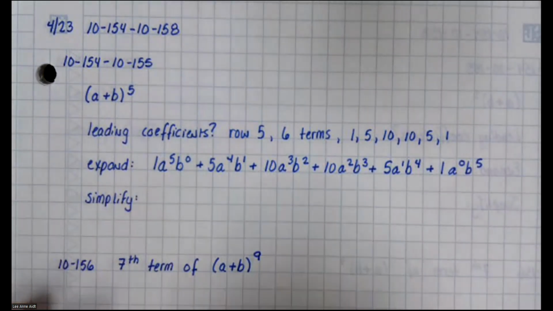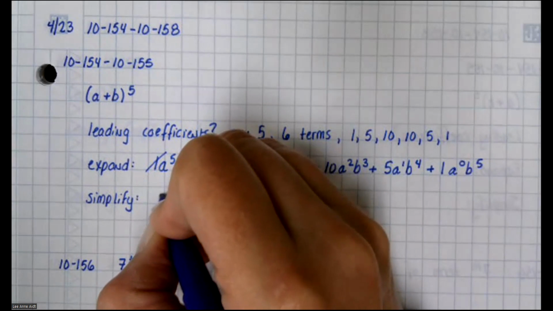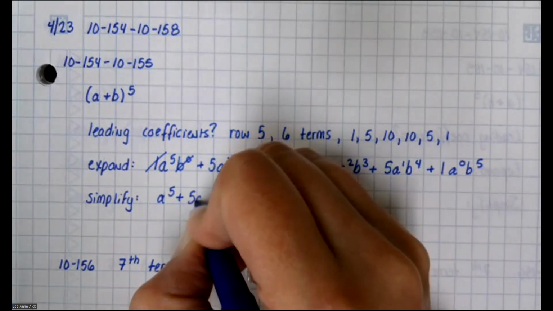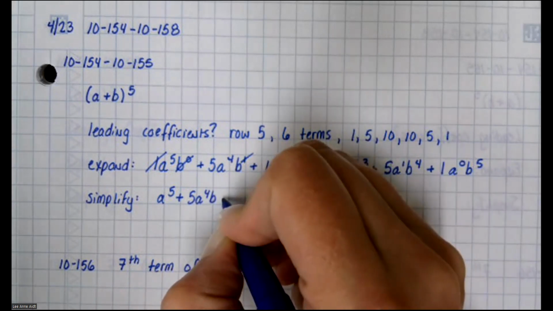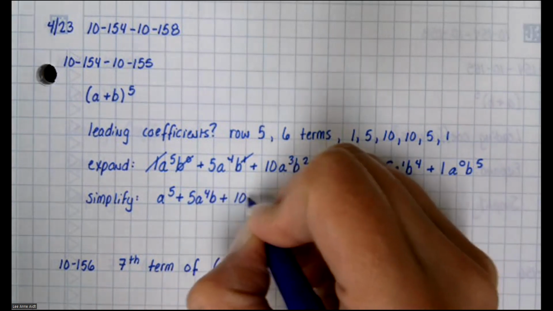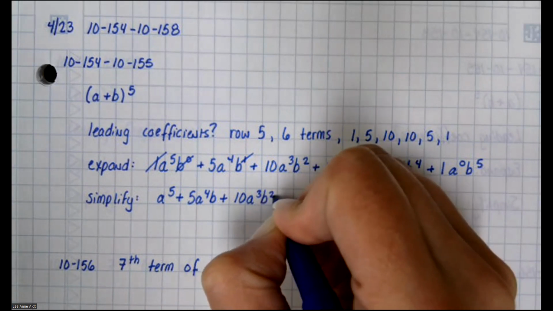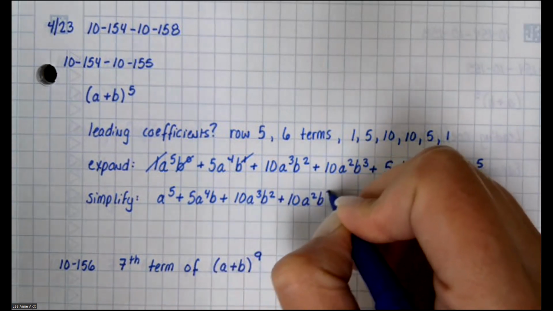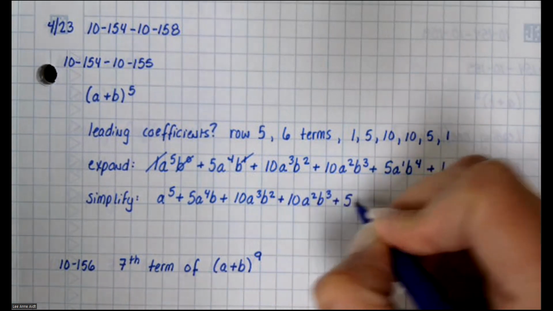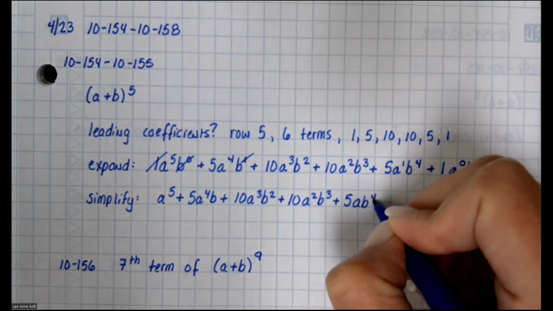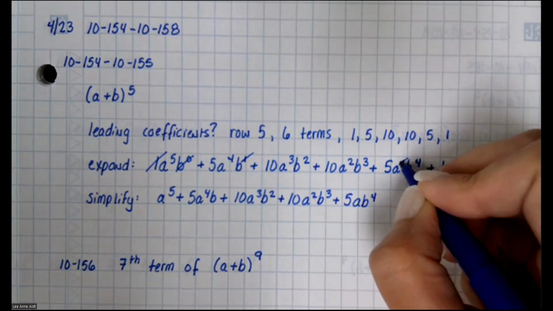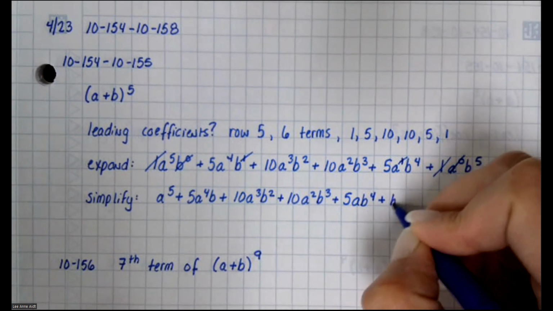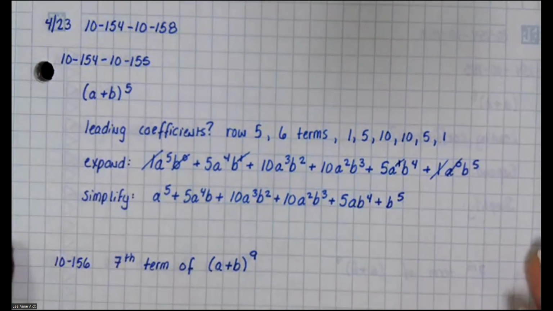Okay, now I'm going to simplify. A to the 5th plus 5a to the 4th b plus 10a to the 3rd b squared plus 10a squared b cubed plus 5ab to the 4th plus b to the 5th.